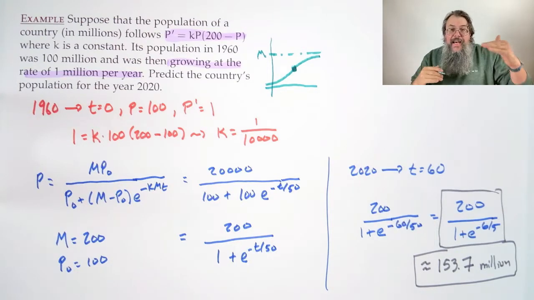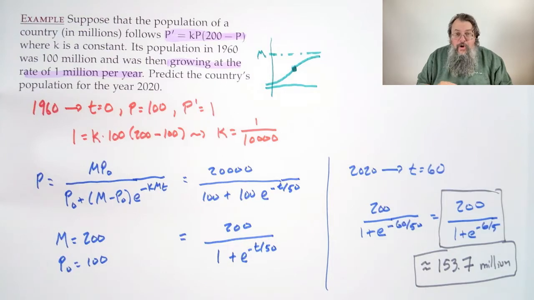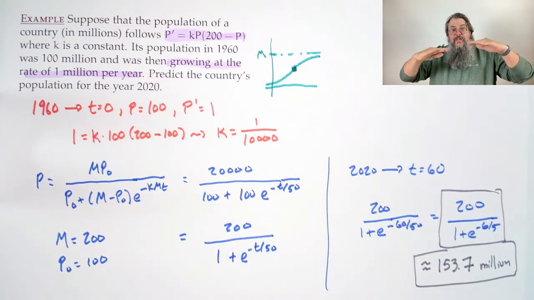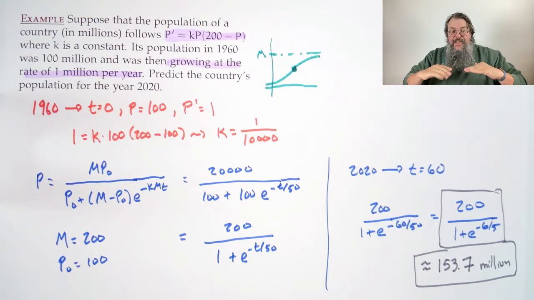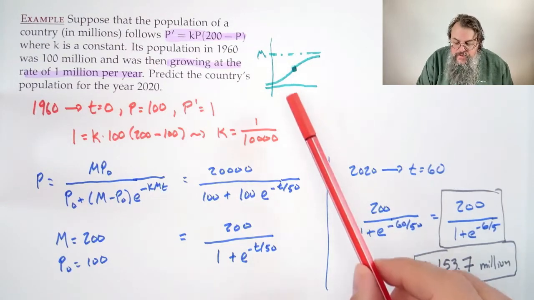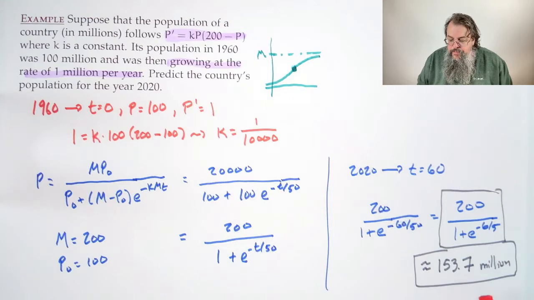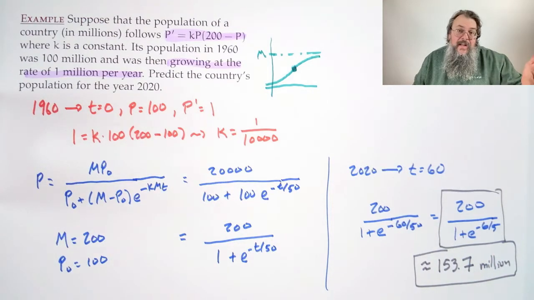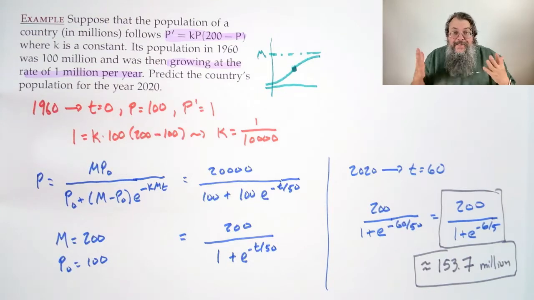And so that says that after that point, we'll grow, but we'll grow at a slower speed. So that's good. That matches with what we see here. So yeah, we still were getting growth, but because our speed was slowing down, we didn't get another 60 million. We got a little bit less than 60 million. So that's good. It matches with what we expect.